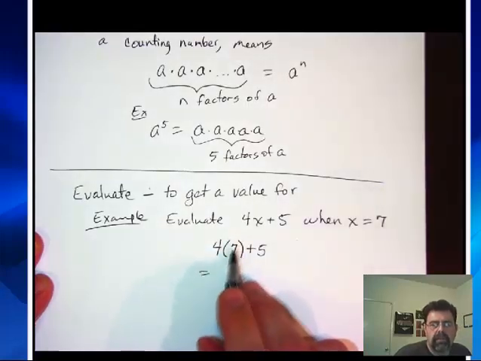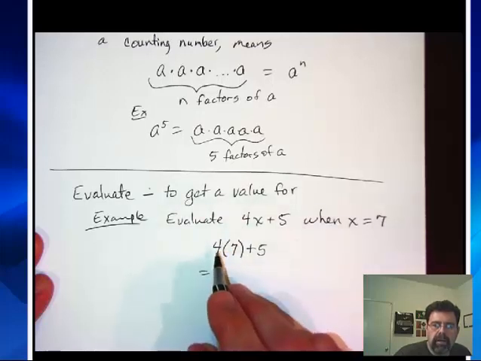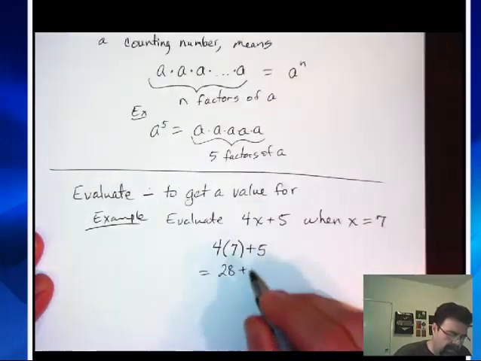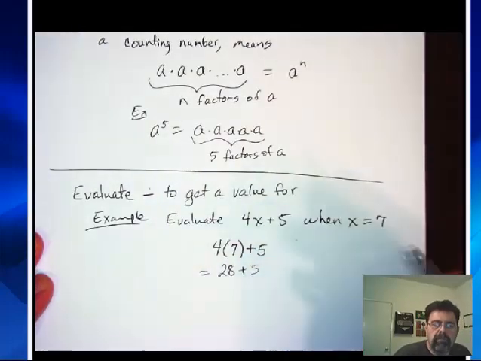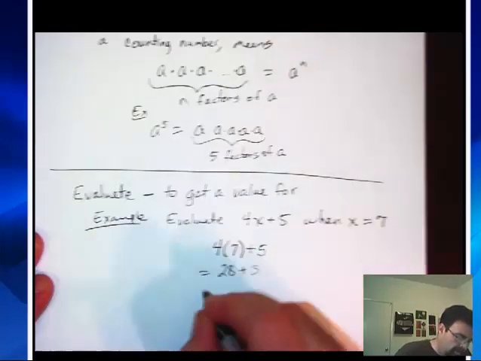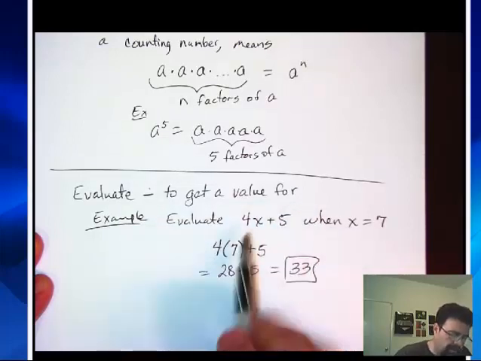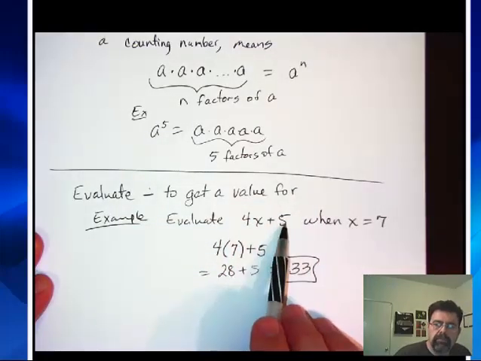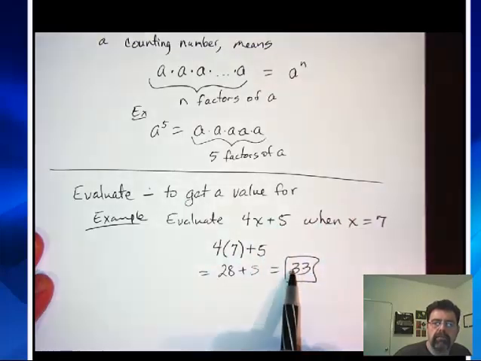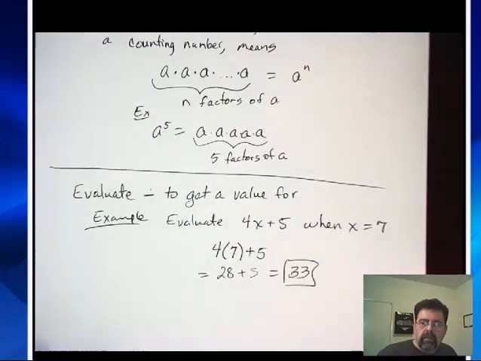So we know that we do inside parentheses first. Well, there's nothing to do in there. Exponents next, and then we multiply from left to right, so that's 28, and then multiply and divide from left to right, and then add and subtract. So 28 plus 5 would be 33. So the value of this expression, 4x plus 5, when x is 7, is 33. So that's evaluating the expression.